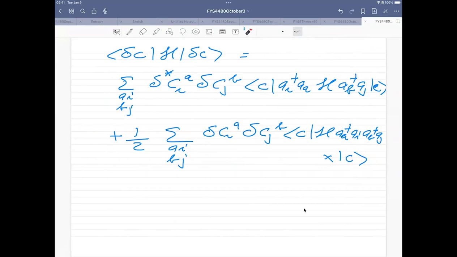Then I'm going to get a term like this one, where you see that here I create a one particle, one hole state, and here I have a one particle, one hole state. And then the Hamiltonian has to match what has been created here and what is being annihilated here. Now here, on the other hand, I'm acting on the vacuum state and I create a two particle, two hole excitation, and then the Hamiltonian has to match a two particle, two hole excitation.